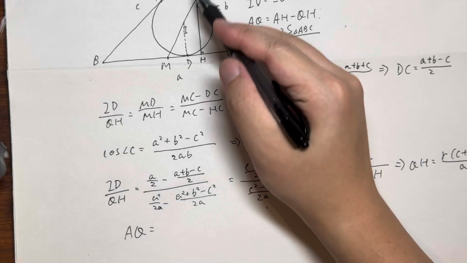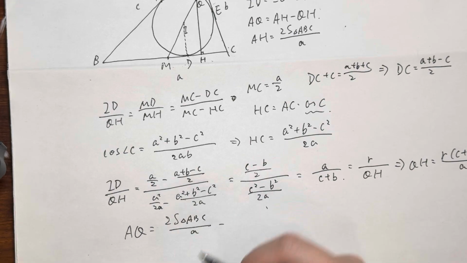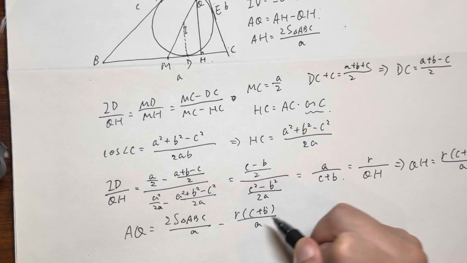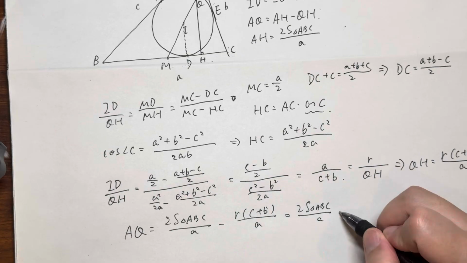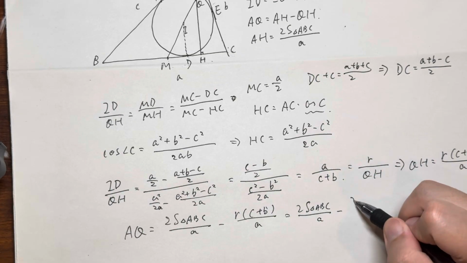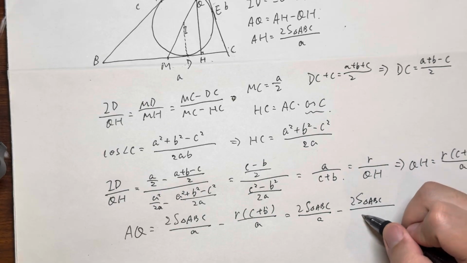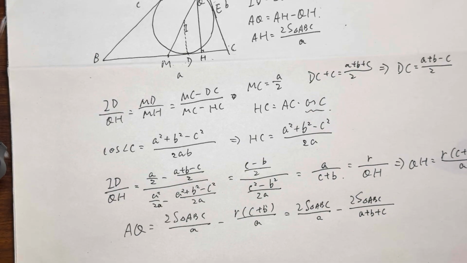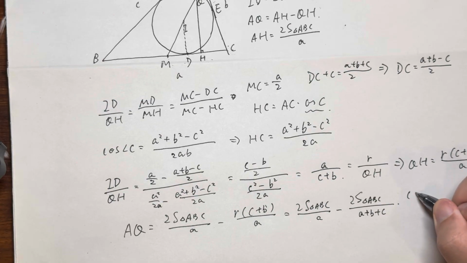AQ equals AH, which is twice the area of triangle ABC divided by A, minus QH. QH is R times C plus B divided by A. What is R? R can be rewritten as twice the area of triangle ABC divided by A plus B plus C. And that's R times C plus B divided by A.